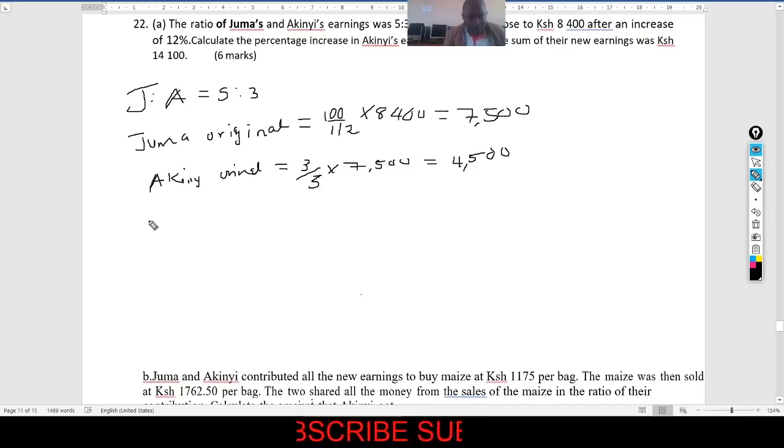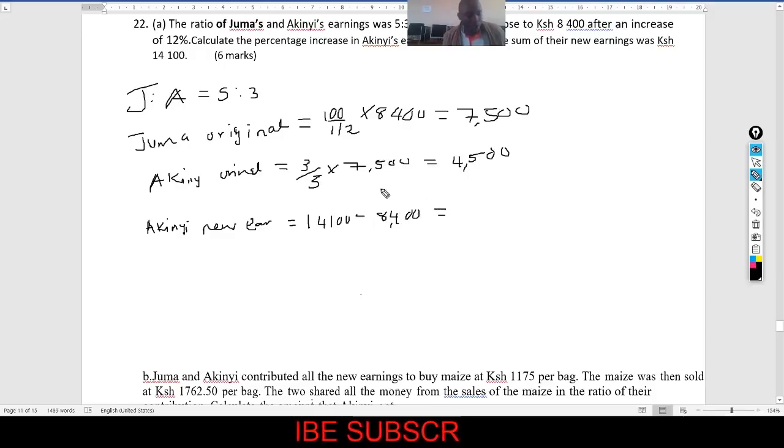Akinyi's new earning equals, remember, the new sum was 14,100 minus the new earning for Juma, that is 8,400. So this gives you 5,700. That is Akinyi's new earning.